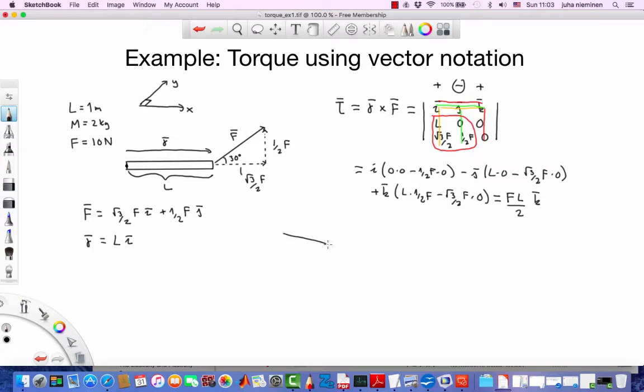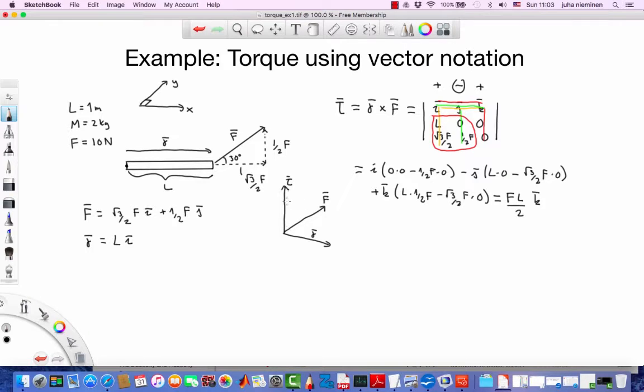So if we had our r along the x-axis and then the f somewhere in the xy plane, like this, and by taking the cross product of the two, the resulting vector is always perpendicular to both, so hence we get the z direction for the torque.